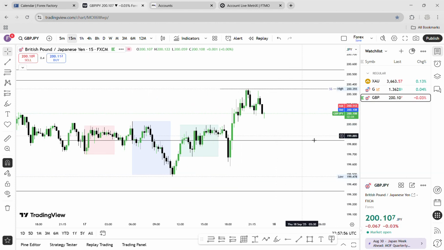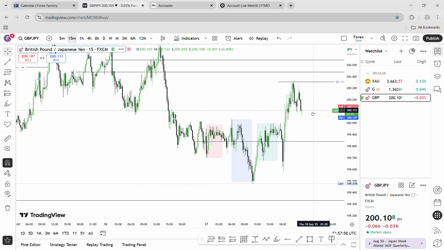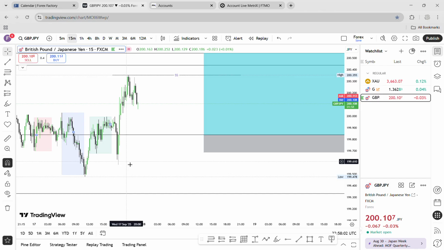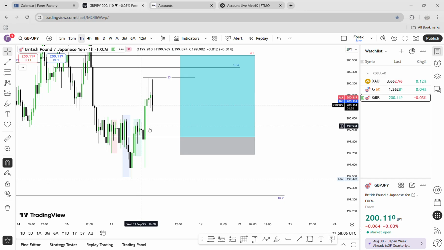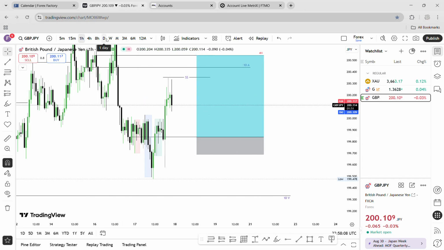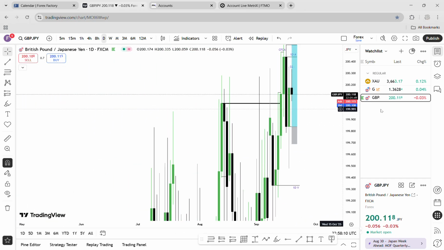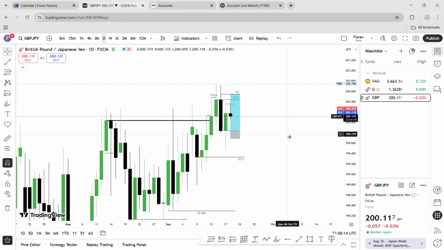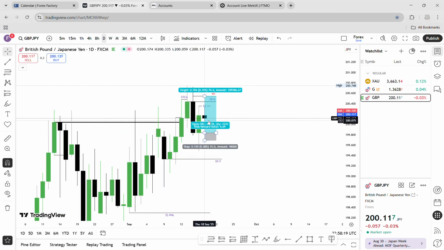So now GJ. Look at GJ. Again, start from the daily time frame. What you can see is basically we have a shift in market structure.